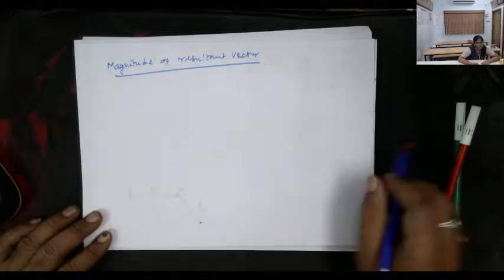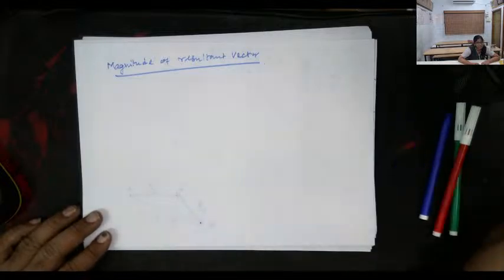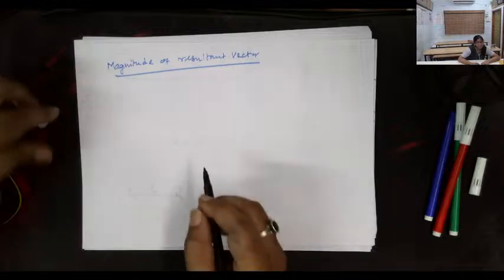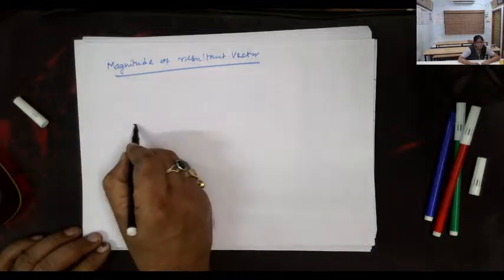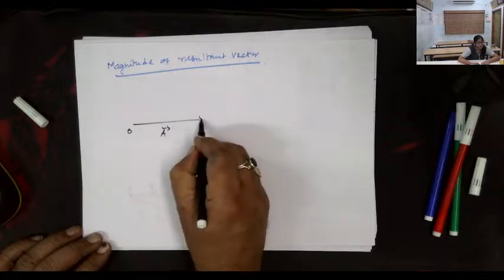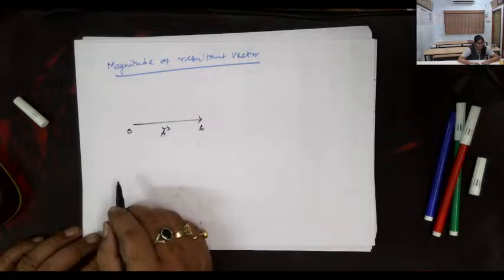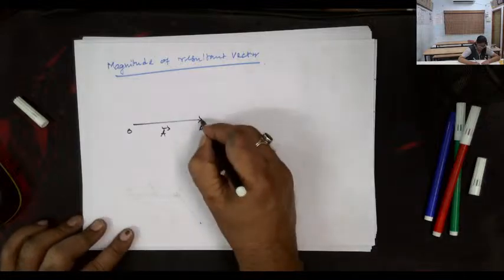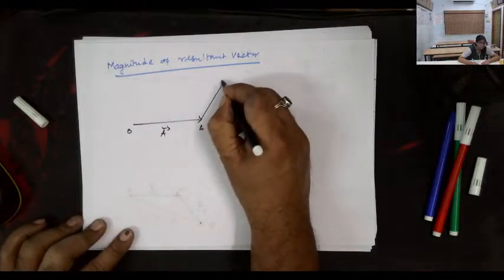Let me draw OA vector, OA, and we have already taken this as B vector.